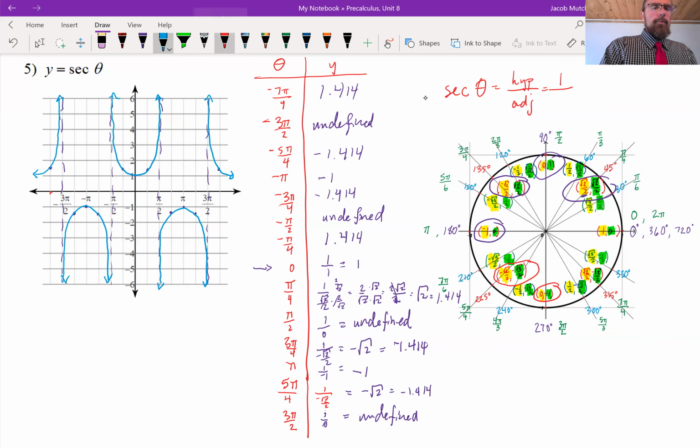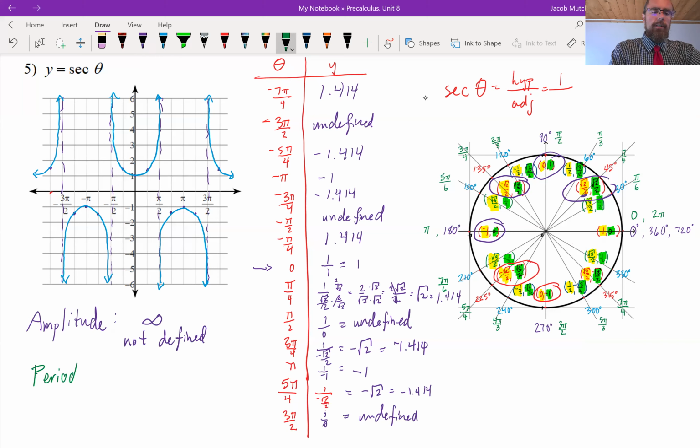Our last thing to note here is how to treat the amplitude and the period of secant. So the amplitude, like we saw for tangent, remember amplitude is the height of the wave. Here, my curves are, again, infinite in the y direction. So I could either say that the amplitude is infinite or not defined. When I try to characterize the period, however, that's very defined.